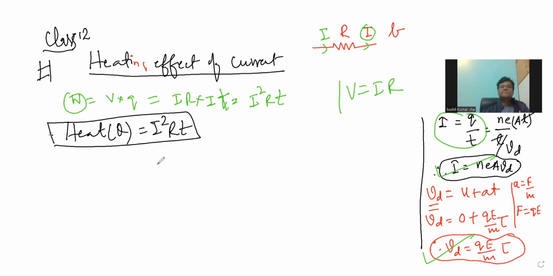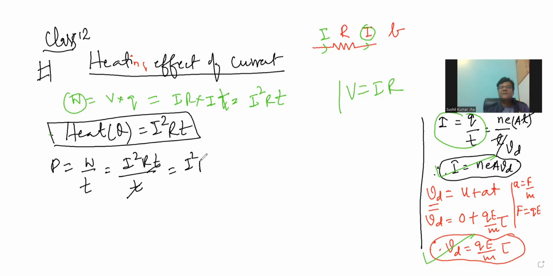Now when we talk about a device having some electric power, the power we write as work done upon time. So work done can be I square RT upon T. So T and T cancel.